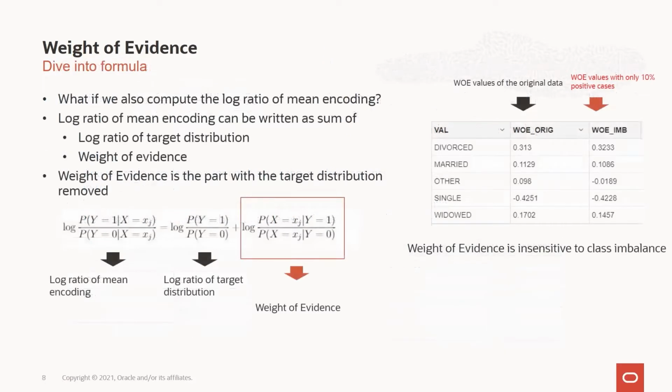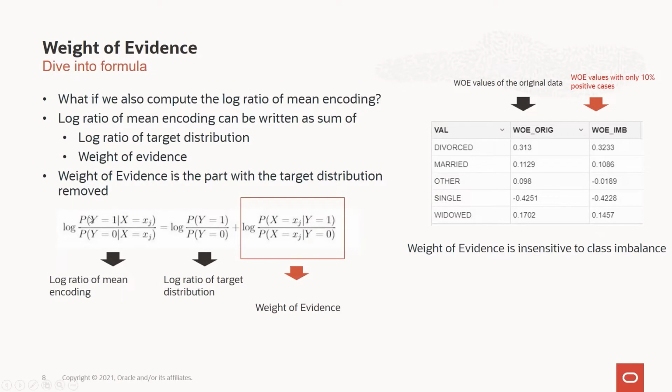And there's more. If we dive into the formula, we can find some more interesting aspects. The question is, since doing the log ratio is beneficial, why don't we just do that on mean encoding, such as this?